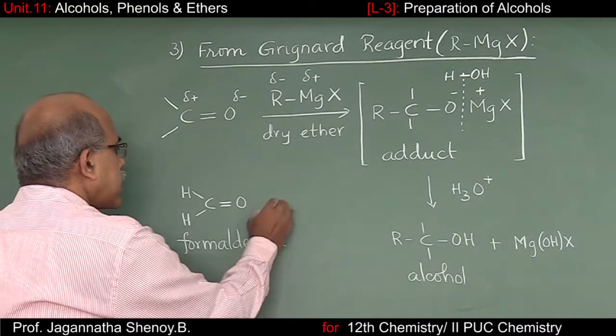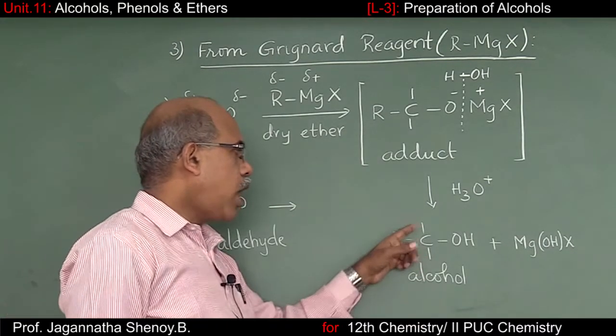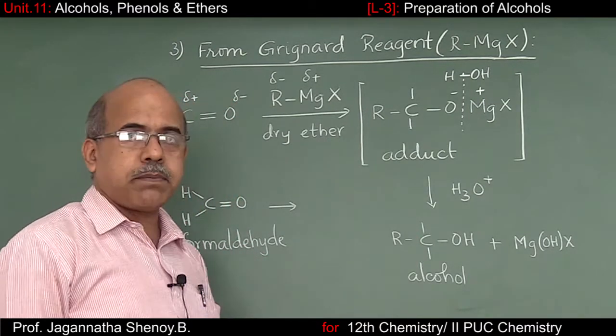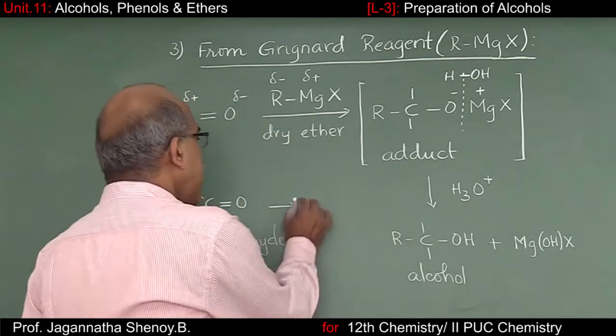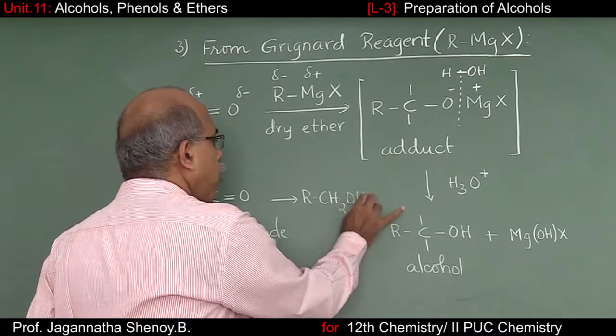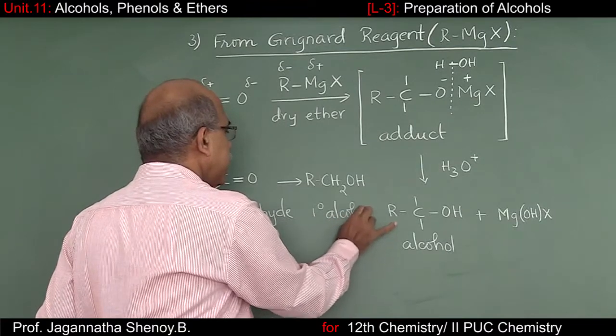In such a case, what should be the final product? These two unsatisfied valencies should be satisfied by two hydrogens. What we get is RCH2OH. And what is RCH2OH? It should be a primary alcohol.